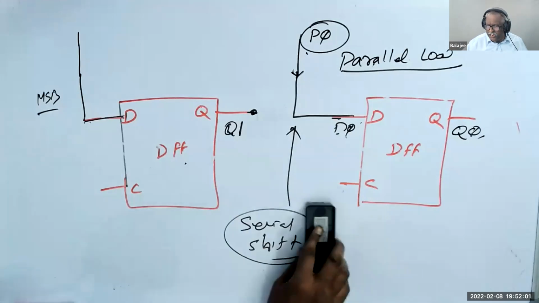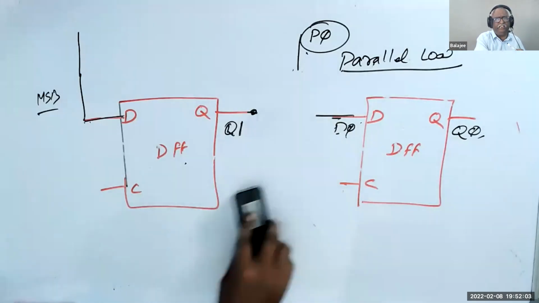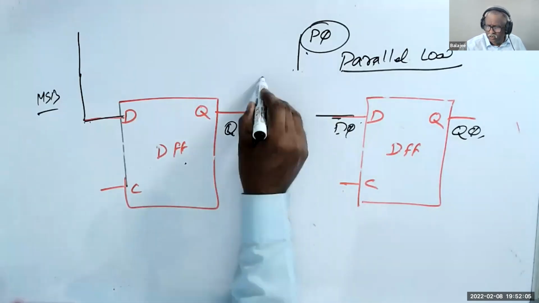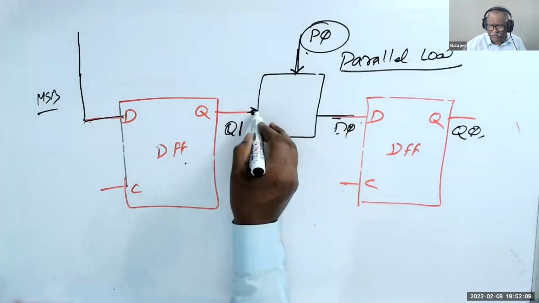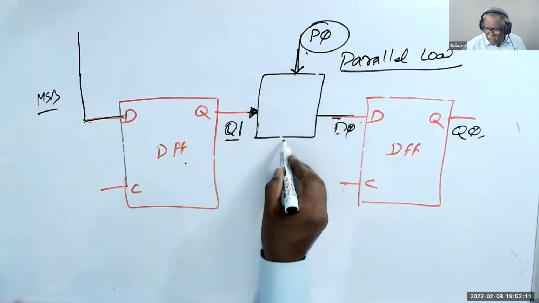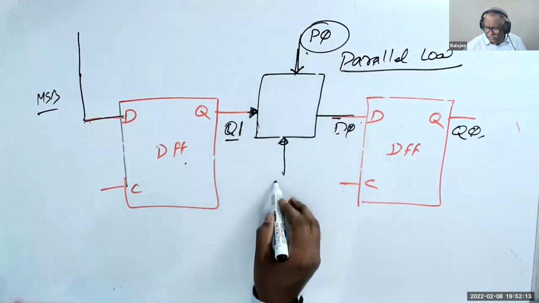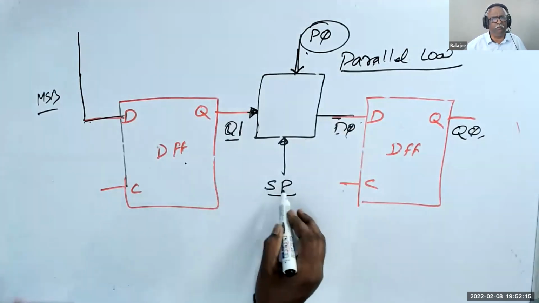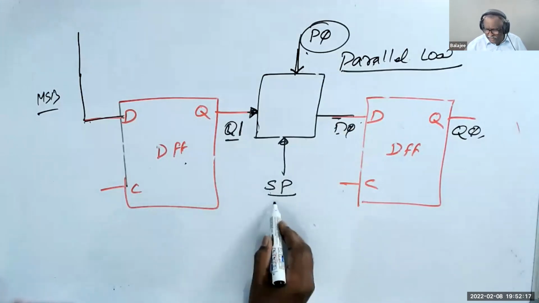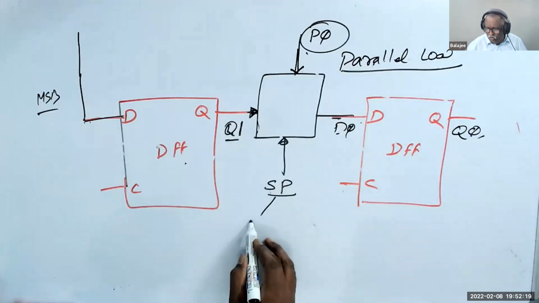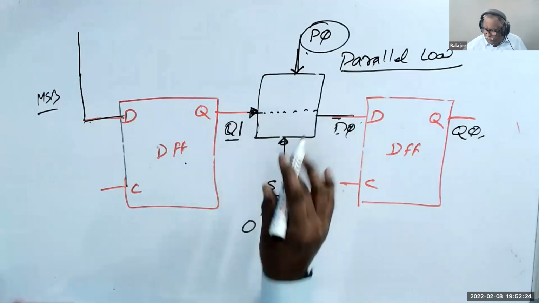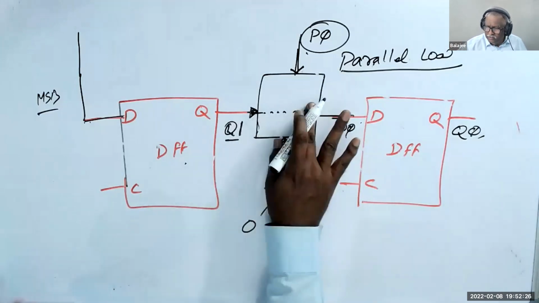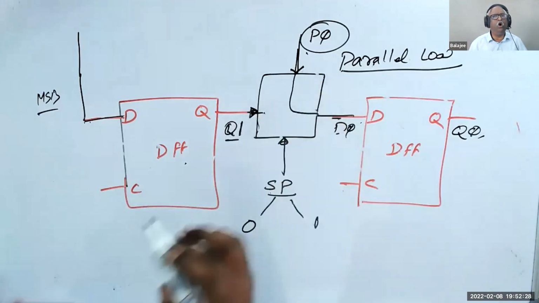Now what we are doing here is making a logic which has two inputs, parallel as well as Q1, and I have a control here. This is called SP, serial shift or parallel. Now I say that when SP is 0, this will be connected. When SP is 1, this will be connected. How do I do that?